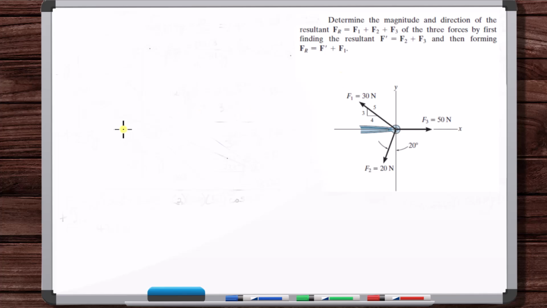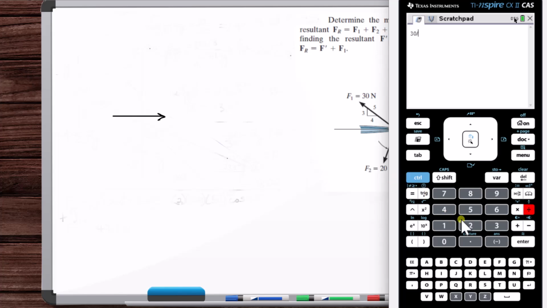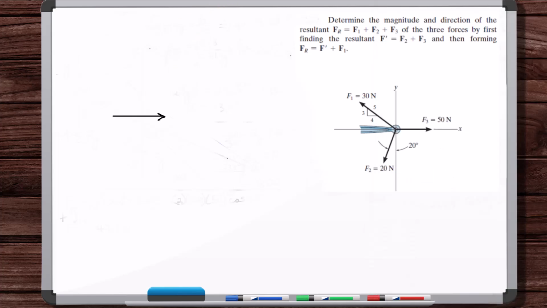So let's start with F2, the smallest. There's F2. All right, now F1 is 30, so F1 is 1.5 times the length of F2. So 1 plus a half, about right there.